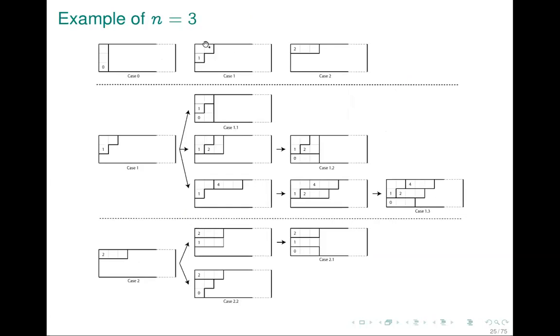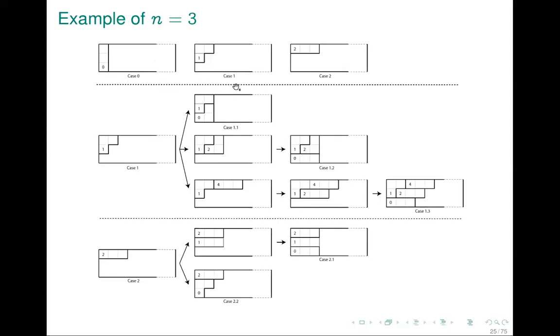Next, let's consider an example a little more complicated, with the same idea. We still observe how to cover the top left square. For n equals 3, we have 3 choices: we can use tile 0, tile 1, or tile 2 to cover it. For the first case, it's already done, meaning we observe a recurrence: it turns out to be a strip with length n minus 1.